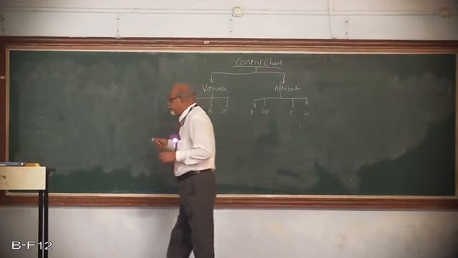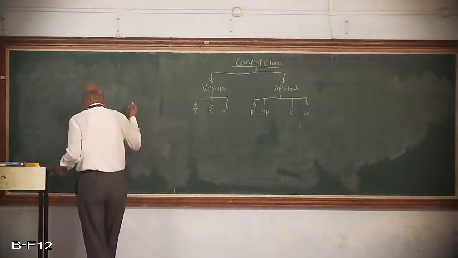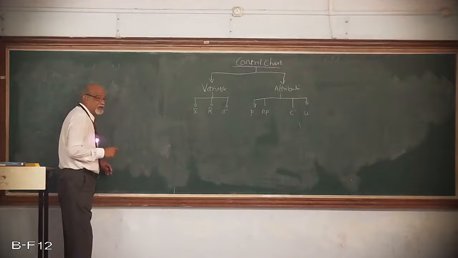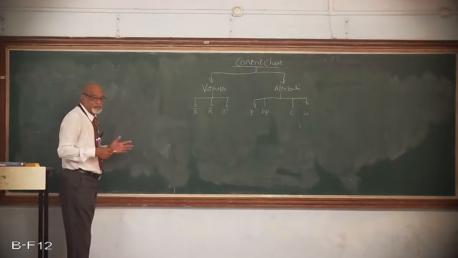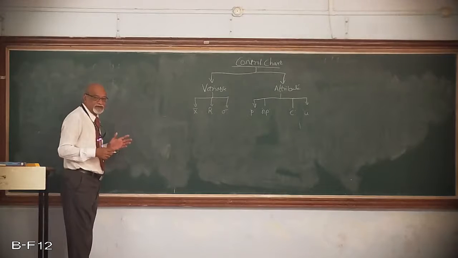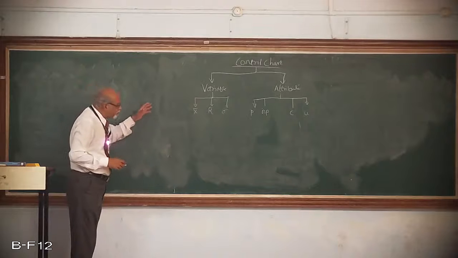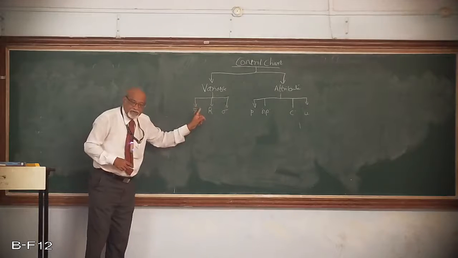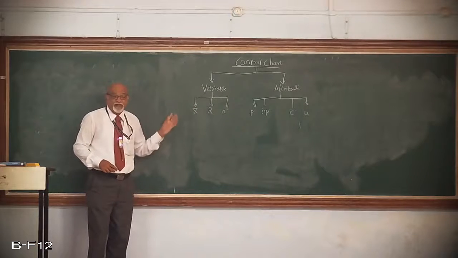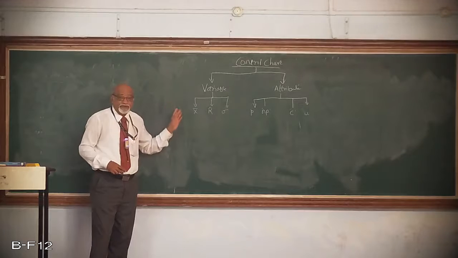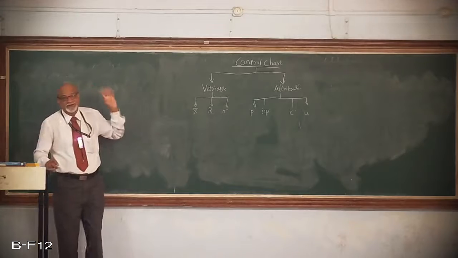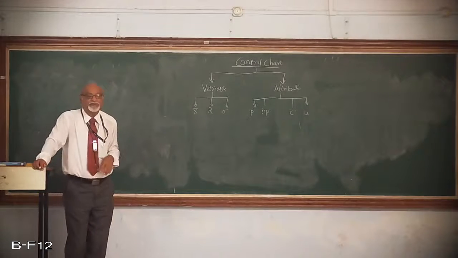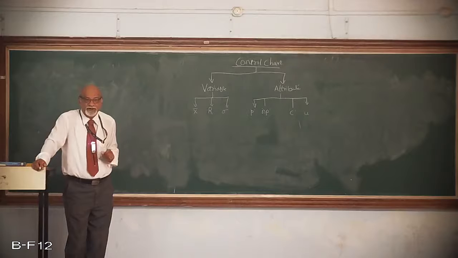So, if I come back to the previous example of that large assembly, which has some 50 measurable quality characteristics, if I adopt control charts for variables, then I may have to maintain 50 separate control charts for these different quality characteristics, which will become a more costly affair.